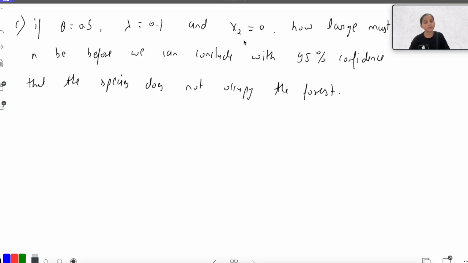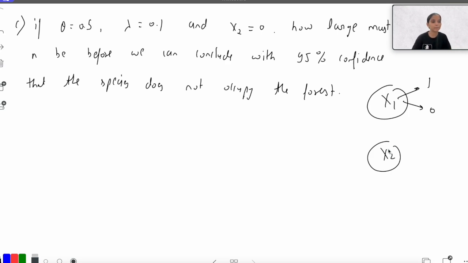That means when I've taken out the sample, x1 is whether the forest is having that particular kind of species or not. And x2 is when I have taken the sample from the forest, whether I'm getting any sample of that species or not.